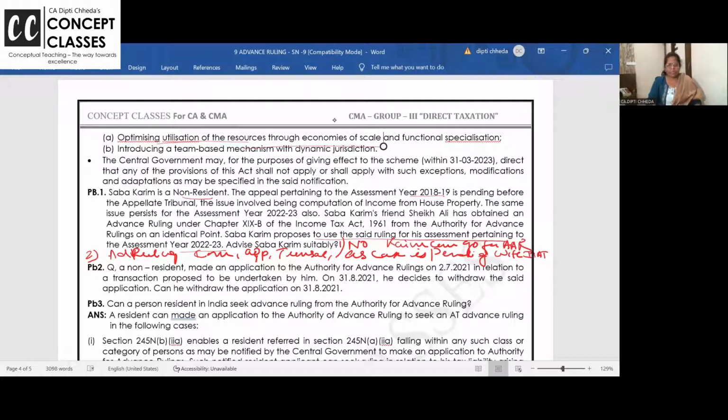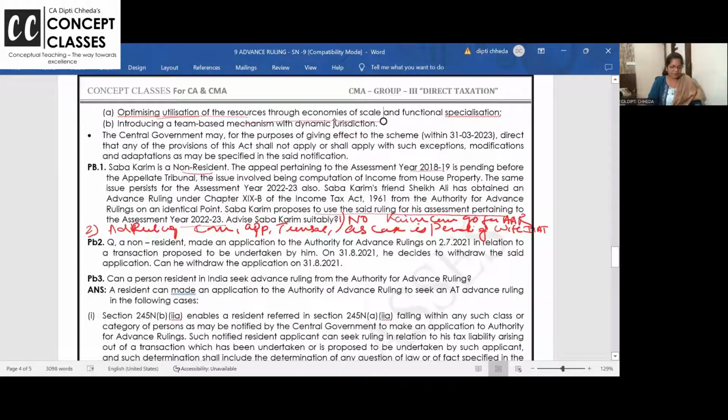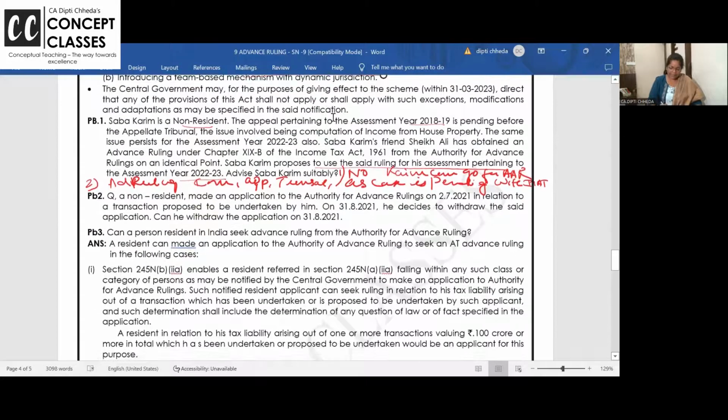These are the 2 points you need to write. Check and tell me, is it clear? If your case is pending with ITAT, you cannot go to advance ruling except PSUs. They have been permitted. Next. Is it clear now?